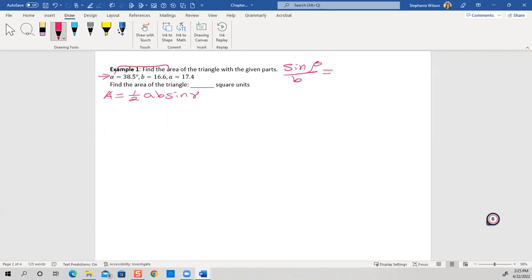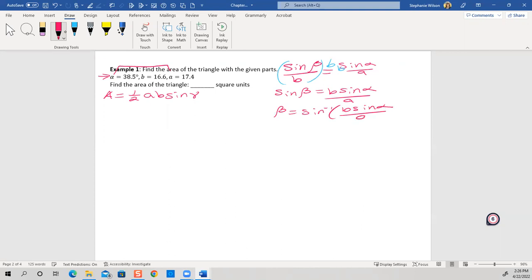We have alpha and we have A. Sine of alpha over A. Now let's solve for sine of beta, so I have to multiply both sides by the denominator in order to undo the fraction. So I got sine of beta is equal to B sine of alpha over A. And since we want beta, let's take the inverse of sine.